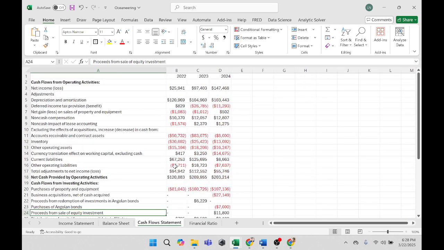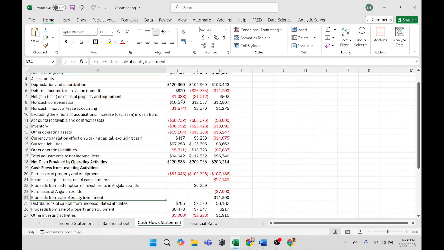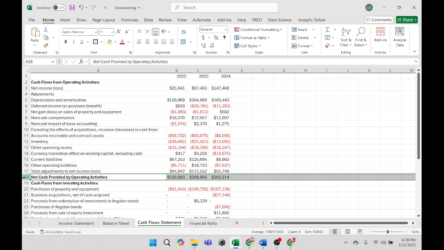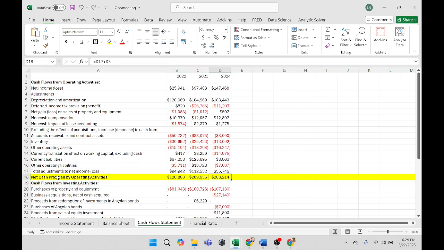Okay, when it comes to your cash flow statement, I would say the one most important thing I would look for is the net cash provided by operating activities. Why is it important?